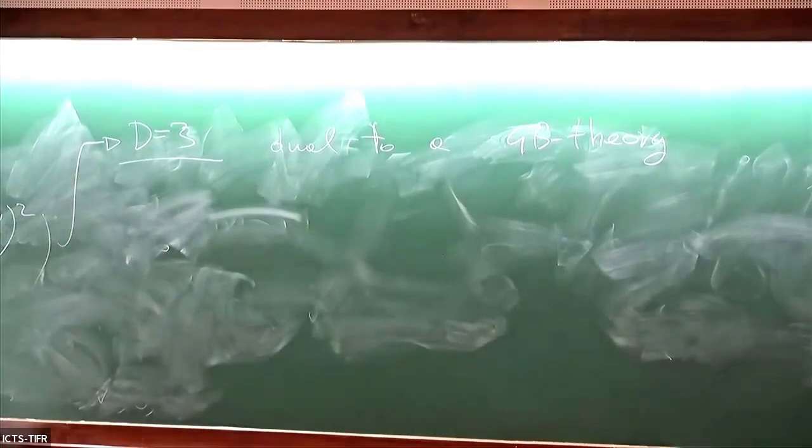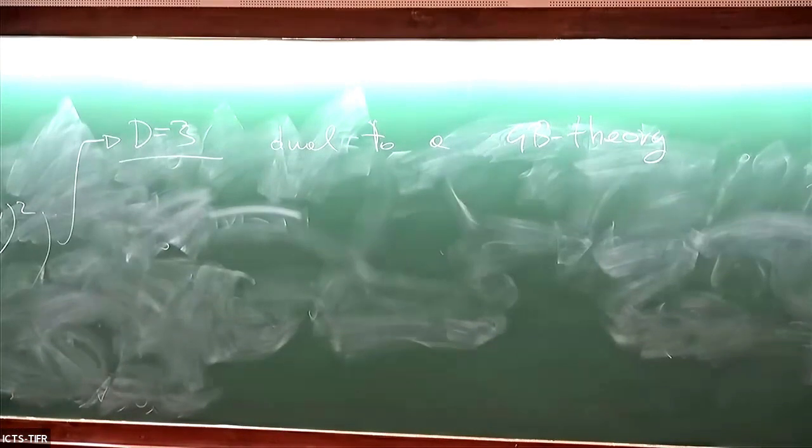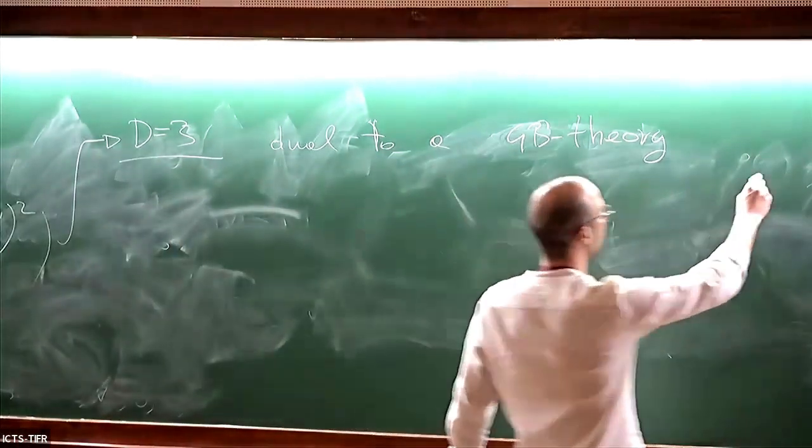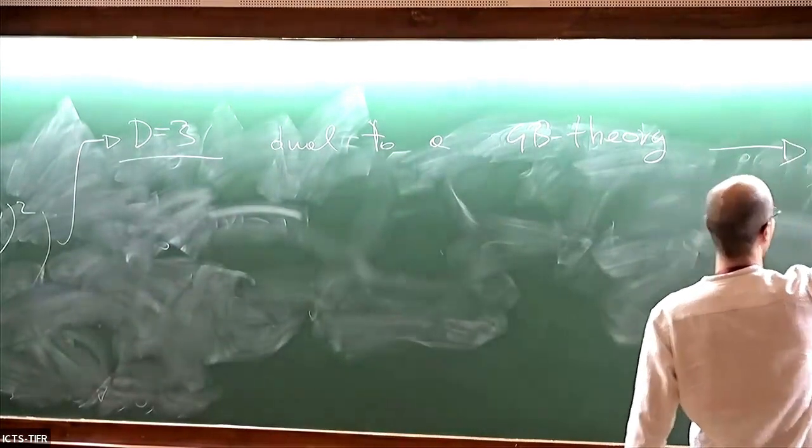Maybe let me just say it. You map this literally to this theory. So this theory is dual to the following. Let me write it here. It's going to be dual in 3 dimensions.